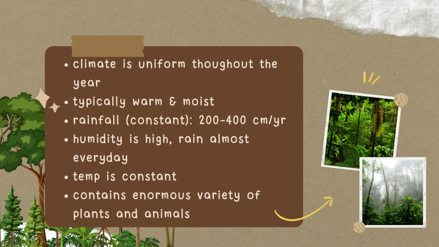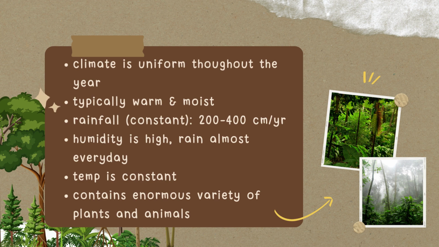Okay, that is because its climate is very uniform throughout the year. It's typically warm and moist. Okay, the rainfall here is constant, around 200 to 400 centimeters a year. That is because the humidity is very high. That makes raining almost present every day, and because of that the temperature is constant.